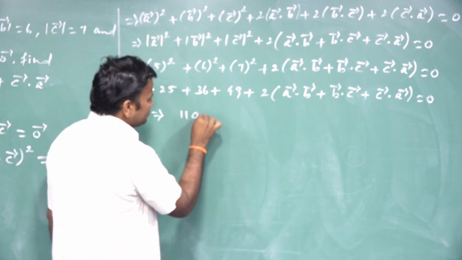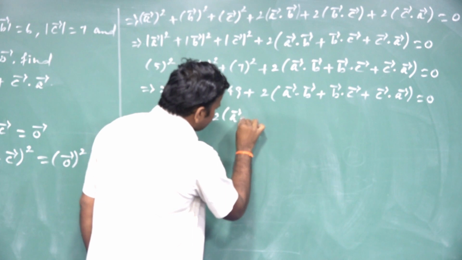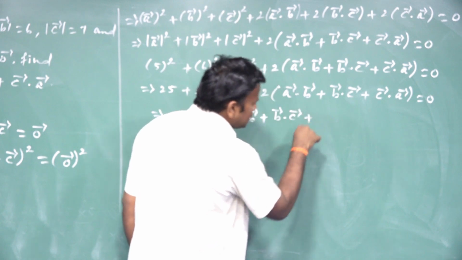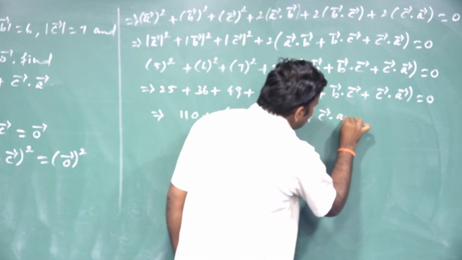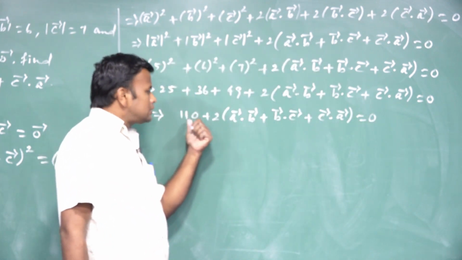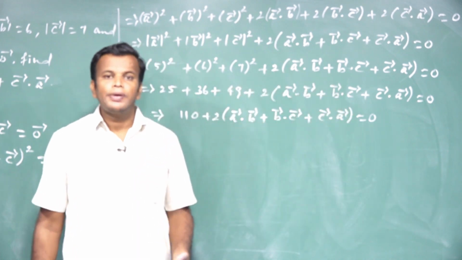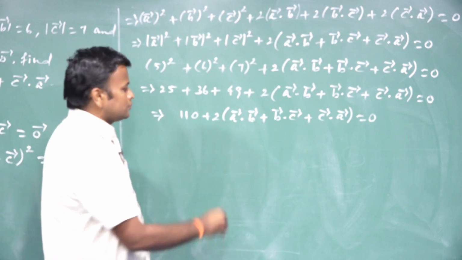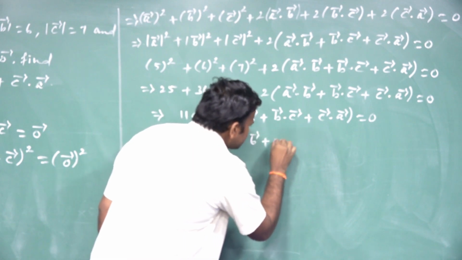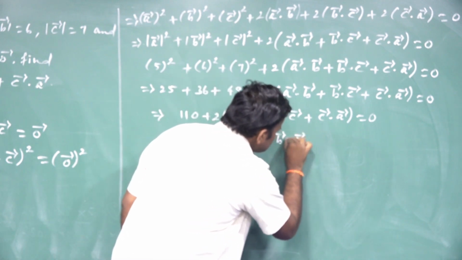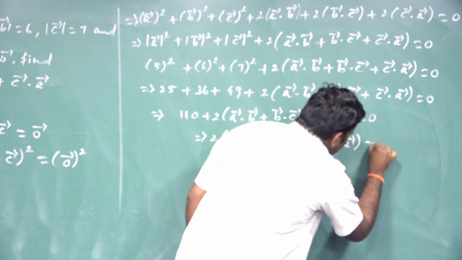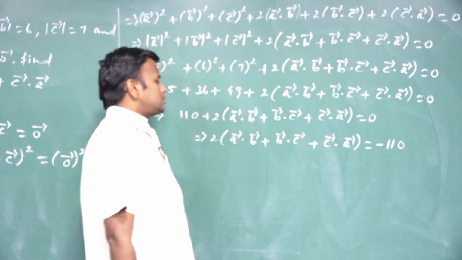So 110 plus 2 of A vector dot B vector plus B vector dot C vector plus C vector dot A vector is equal to 0. In the next step, the 110 goes to the RHS and becomes minus 110. So 2 of A vector dot B vector plus B vector dot C vector plus C vector dot A vector is equal to minus 110.